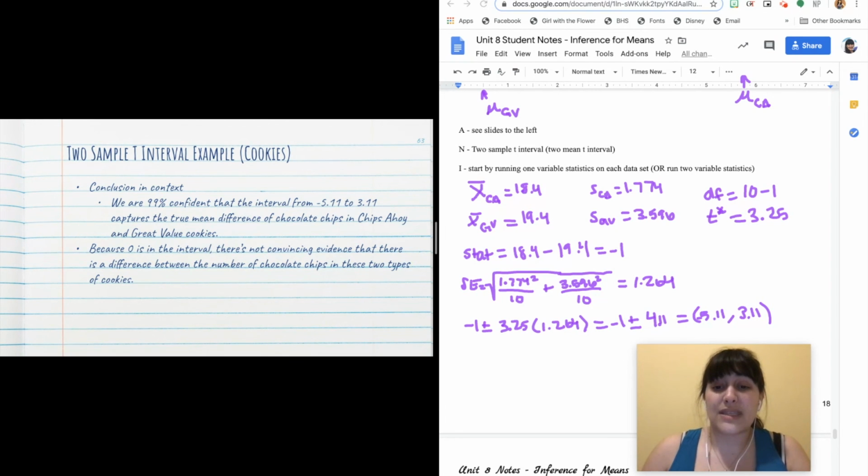And then we would say we think the Great Value cookies have more chocolate chips in them, because we did CA minus GV, that's what I did up here. So if we get a negative number, it makes sense to say that the Great Value cookies had more chocolate chips in them. That's how you'd end up with a negative number.